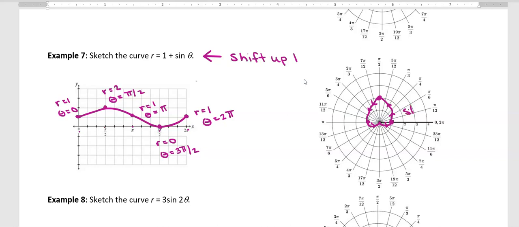So we're starting at theta equals 0, and we're ending at theta equals 2 pi. And so you can see that plotting it first on this plane and determining what each point would be, and then taking those points and plotting them on the polar system makes it a little bit easier. Now, of course, you can do this with a calculator to make sure that you're correct.